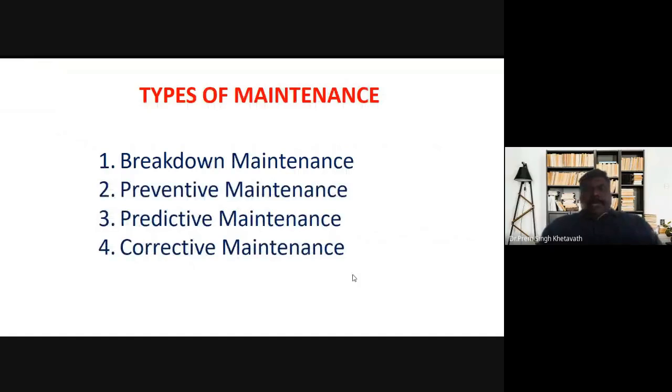So we have breakdown maintenance, preventive maintenance, predictive maintenance, and corrective maintenance. These four are different things. The first one is breakdown. Breakdown maintenance is done when a breakdown has happened, then we go and repair the part. Predictive means it is going to happen if you use the machine continuously.